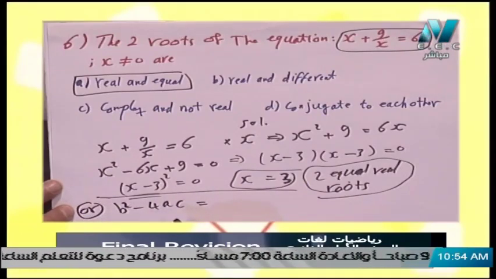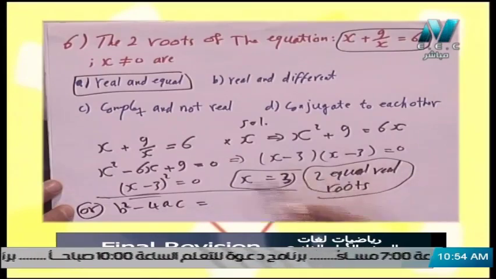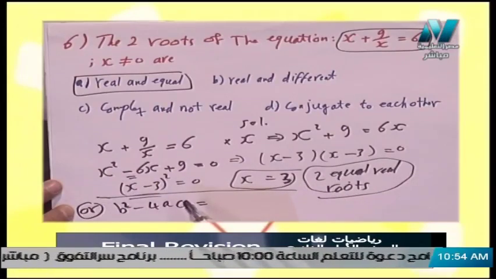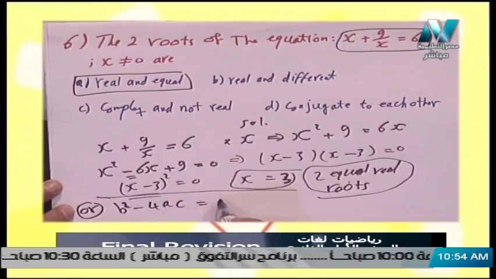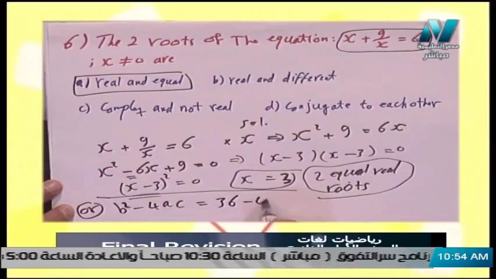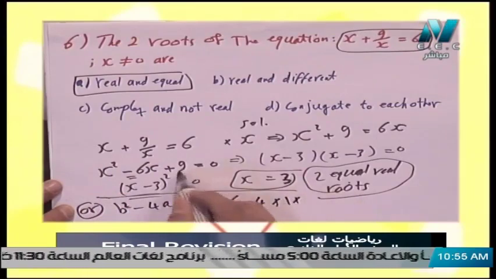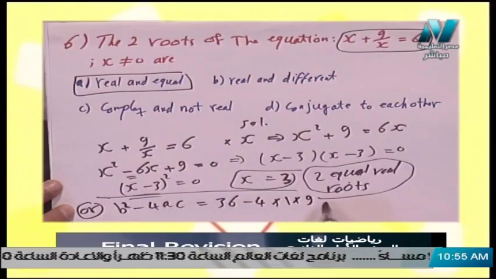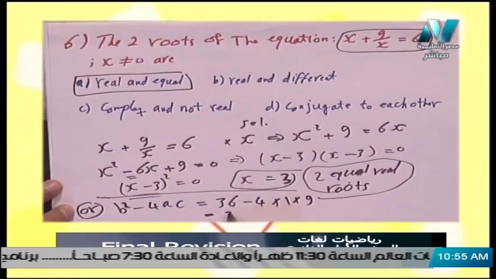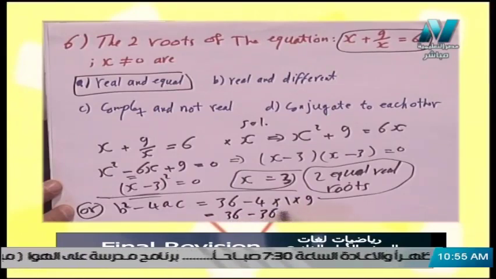Where is b power 2? b power 2 here equal negative 6, so negative 6 power 2 equals 36 minus 4 multiplied by a, which is 1, multiplied by c, which is 9. So 36 here minus 36 equals 0.